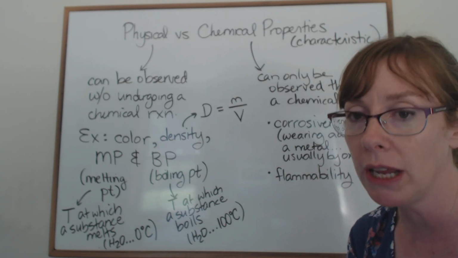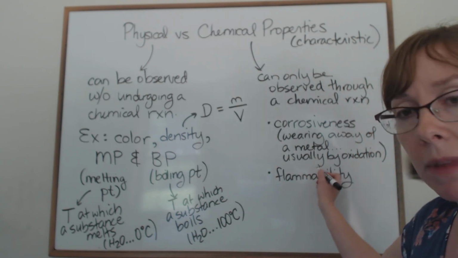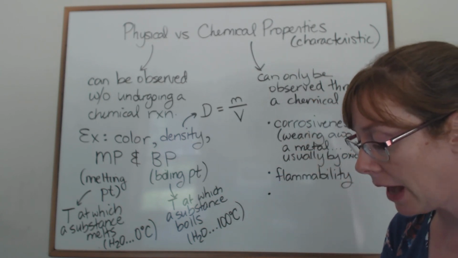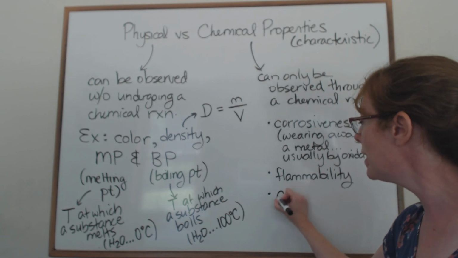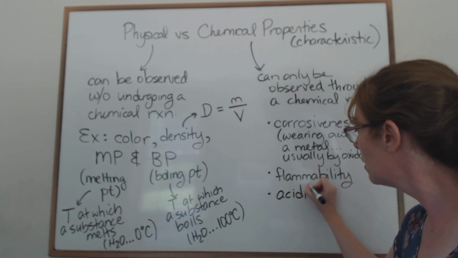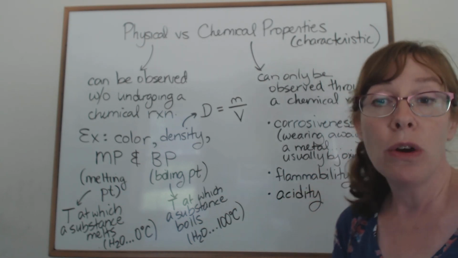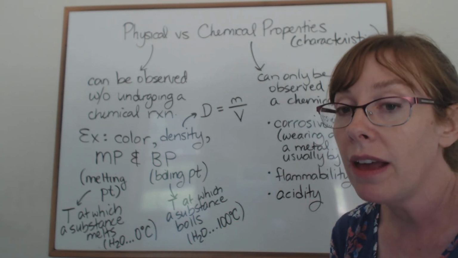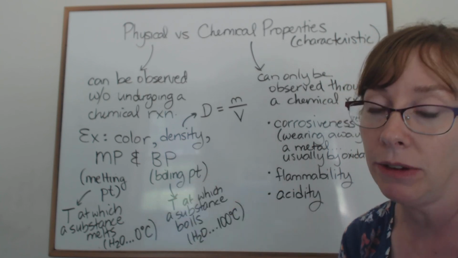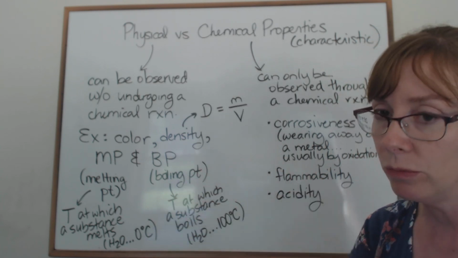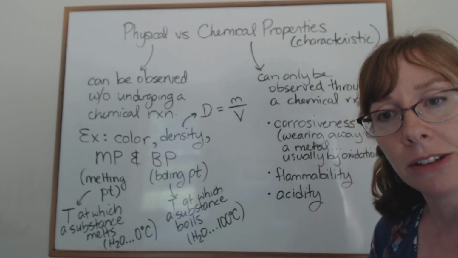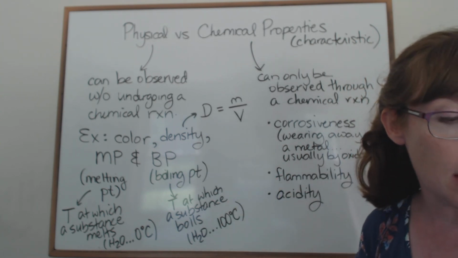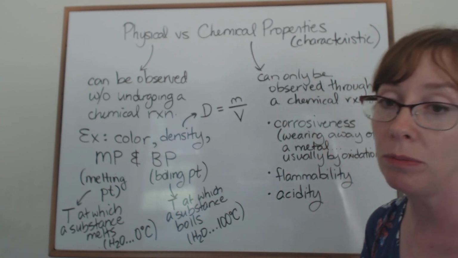So that's another example of a chemical property. Another one would be acidity. How do I know that a particular substance is acidic? Well, you really only know that if you let it undergo an acid-base reaction and observe that happening, which we will also learn in this course. Anyways, those are just examples of physical and chemical properties.